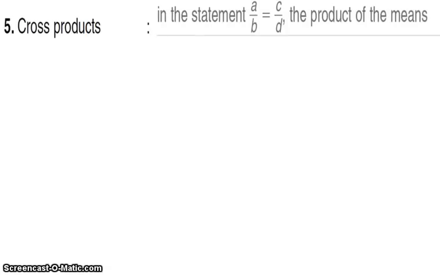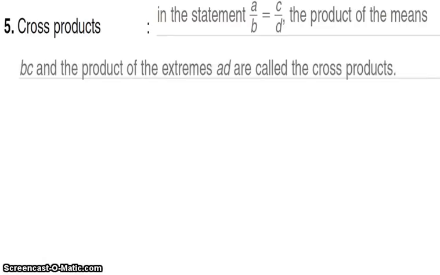The next definition we're going to be looking at is cross products. In the statement a over b equals c over d, the product of the means bc and the product of the extremes ad are called the cross products. Now, I am not going to require you to remember which ones are your means and the extremes, but this is what's happening.